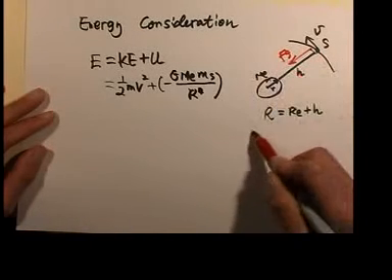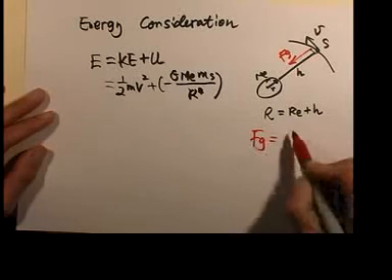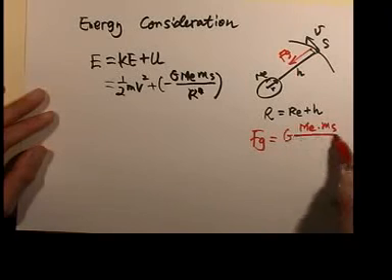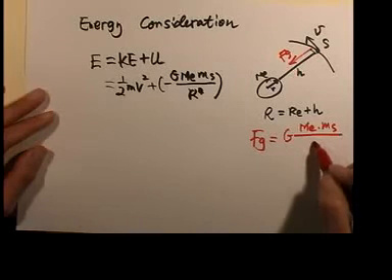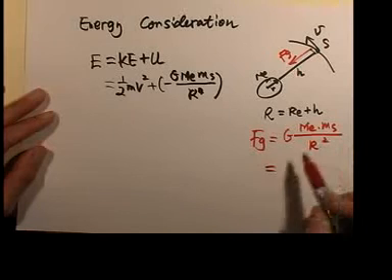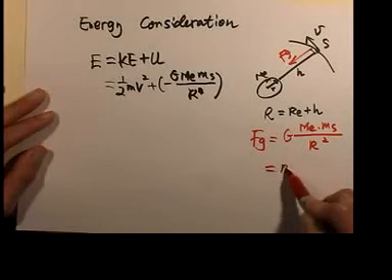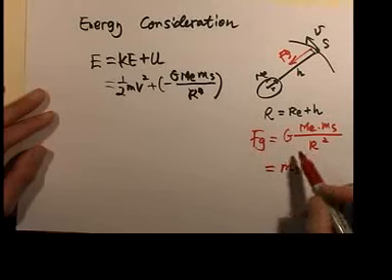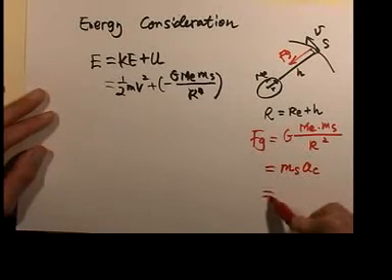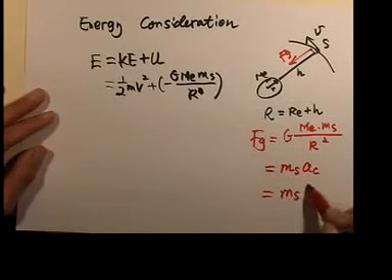The gravitational attraction between the Earth and the satellite follows Newton's law of universal gravitation. That equals the mass of the satellite, because that's a force, times the centripetal acceleration. That centripetal acceleration is v squared over r.